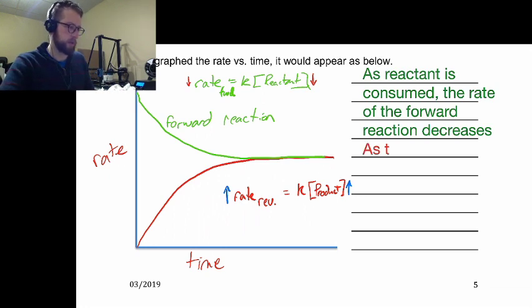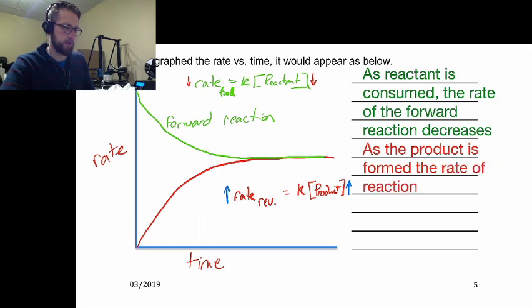As the product is formed, the rate of the reverse reaction increases.